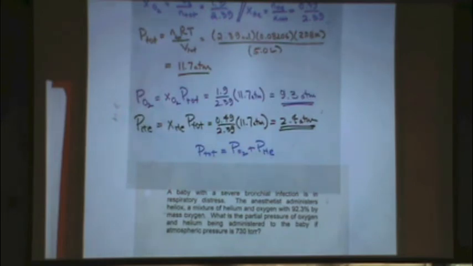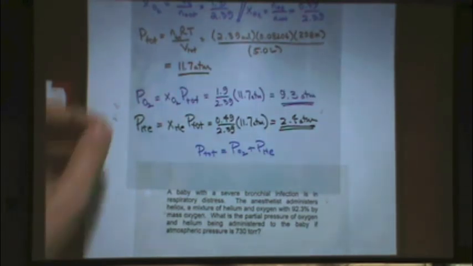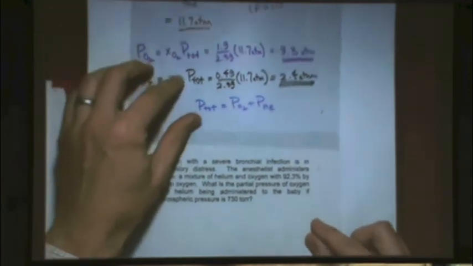You need to have the right partial pressures of oxygen so the baby doesn't have too much of one gas. And in both cases, helium is acting as what we call a diluent, something that dilutes the total amount of oxygen. So, since it's a mixture, it's also a Dalton's law problem. It just has a slightly different setup. Okay? So let's take a look.